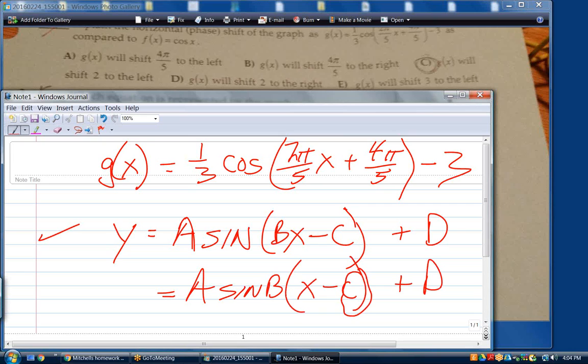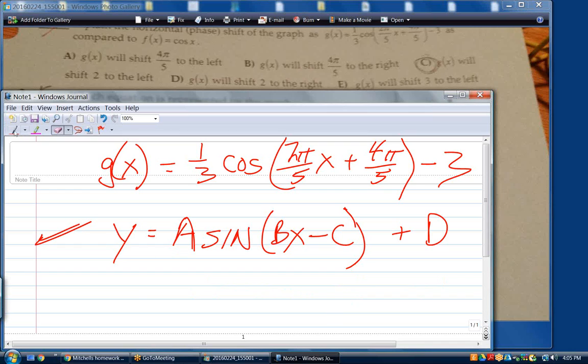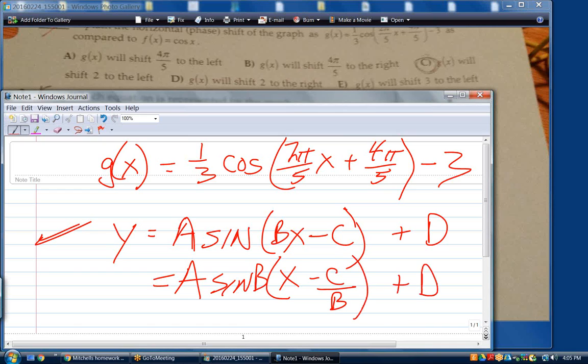But if I'm in this format, in order for me to get the b outside of the parentheses, I have to factor it out. And so if I start with the b inside the parentheses and I factor it out, I now have a b outside the parentheses, and this has to be c over b, right? To be the same thing. In other words, this is the same as that. So all I've done is factored a b out.